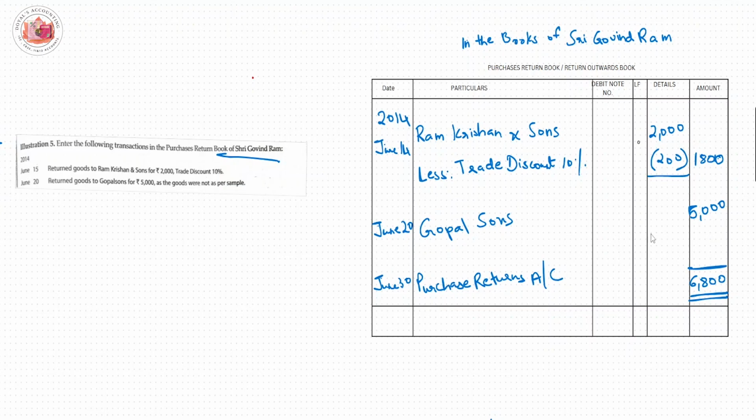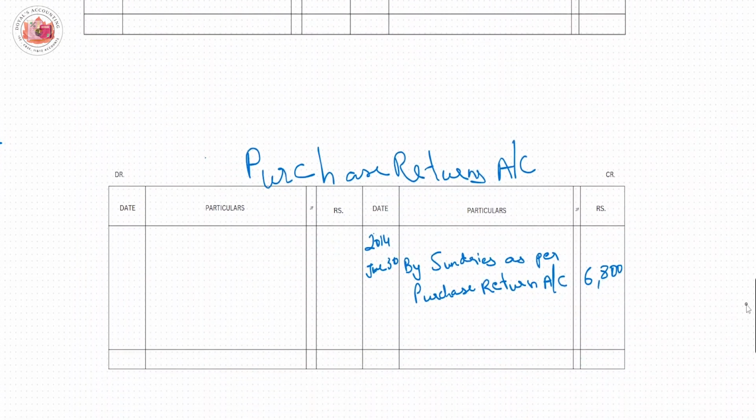And whatever total you get in your purchase returns book will be posted in the purchase returns account on the credit side with the statement by sundries as per purchase returns account, in which the totals of all the purchase returns will be posted. Purchase returns account is a credit account by nature.